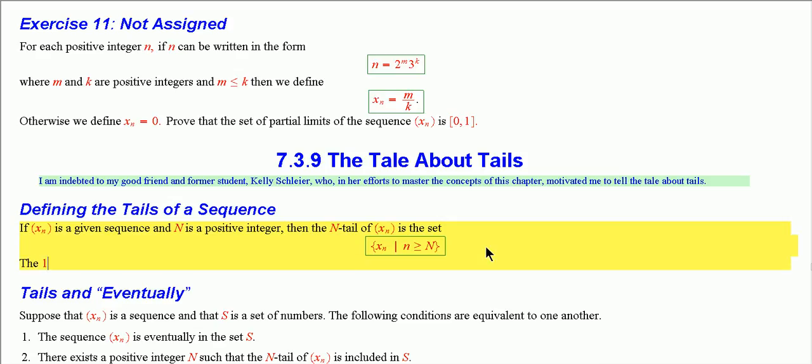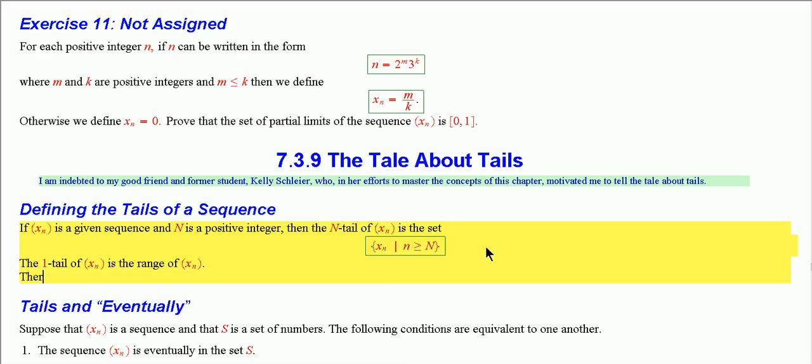The one tail of sequence xn is the range of sequence xn. It's the set of all the xn values that you can get. Isn't that right? What's the two tail? The two tail of sequence xn is the set of all the xn values that you can get by making n greater than or equal to 2.